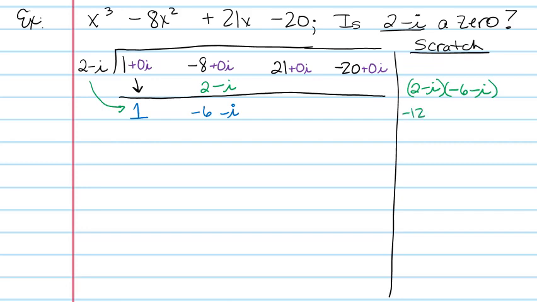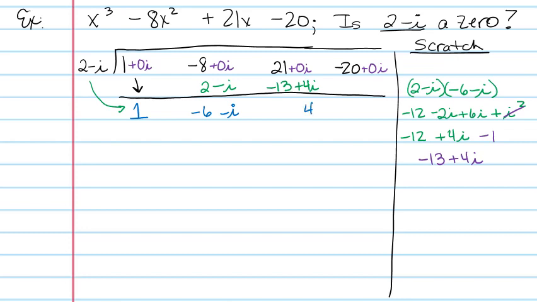Negative 12 minus 2i plus 6i plus i squared, which gives me minus 12 plus 4i, and again i squared is negative 1, so that's going to be minus 1. So that gives me minus 13 plus 4i. So I'm going to put it right here: minus 13 plus 4i.